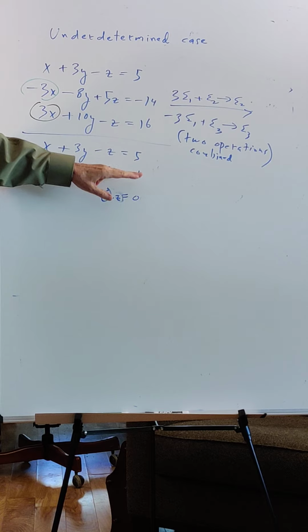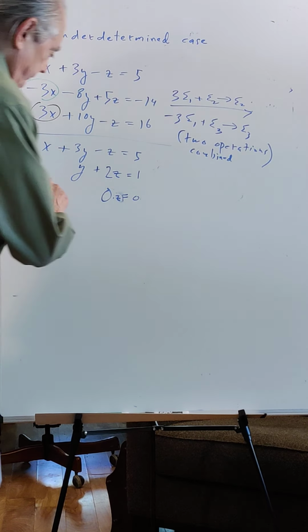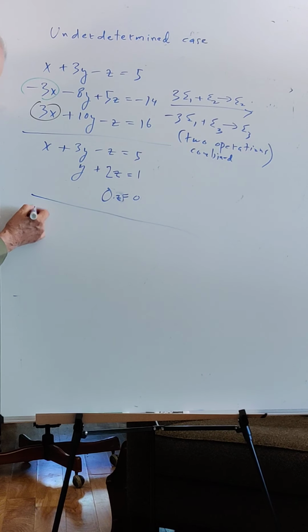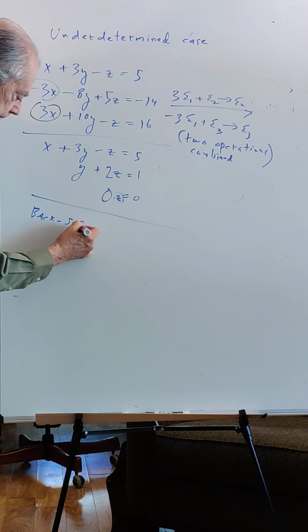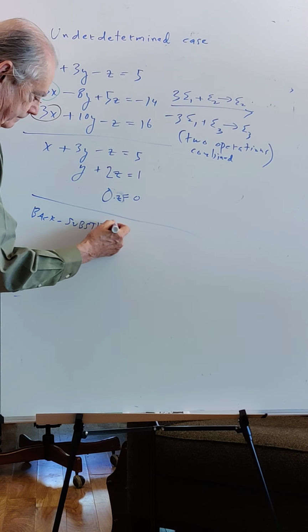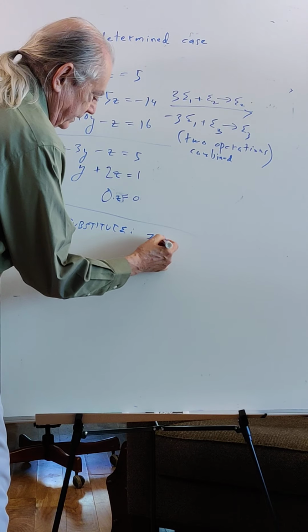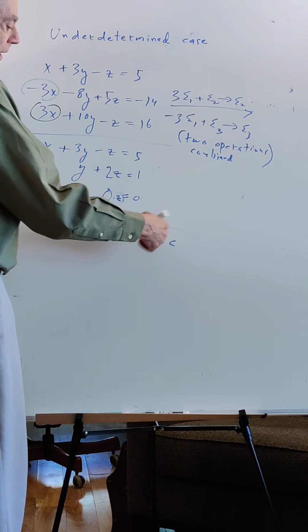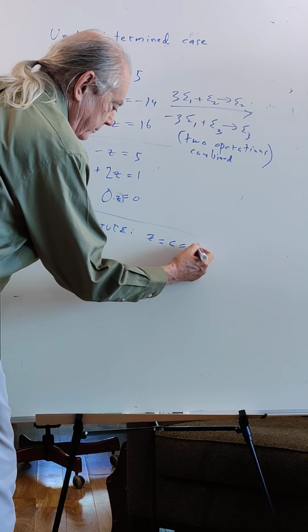And then I can use that value to determine y, and then use those values to determine x. So we back substitute like this. So z equals c, the letter c, any letter at the beginning of the alphabet. You could use a, for example, any numerical value.